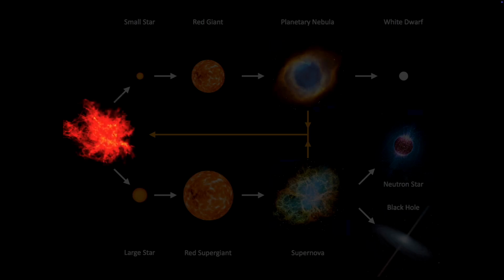If we start with a giant molecular cloud of hydrogen, hydrogen probably enriched with a few other elements as well, but let's just assume it's hydrogen for the time being. The collapse of that under gravity might produce a small star like our sun.